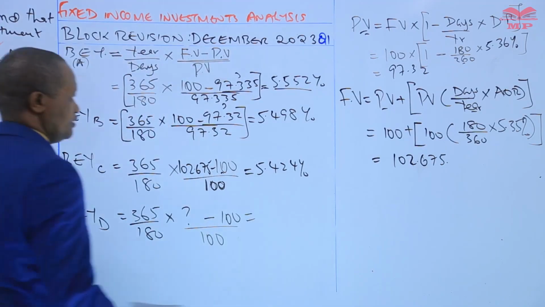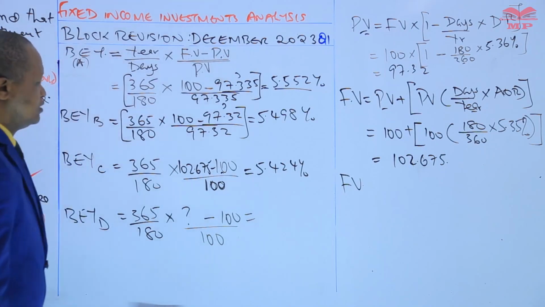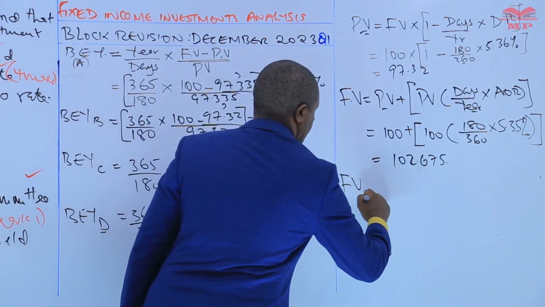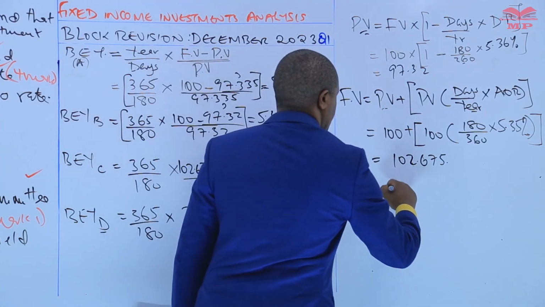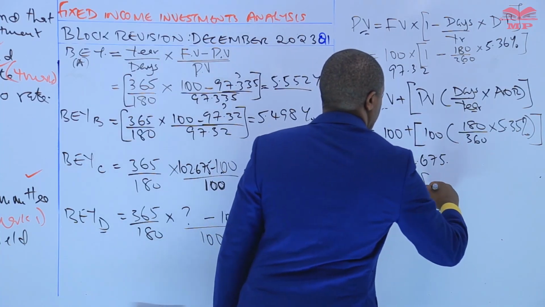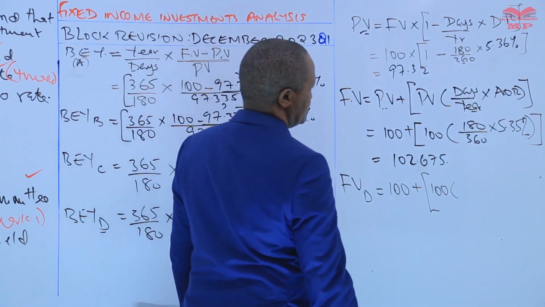So we need to calculate the future value here of instrument D. Future value for instrument D will be equal to the present value, which is 100, plus 100 times the number of days.